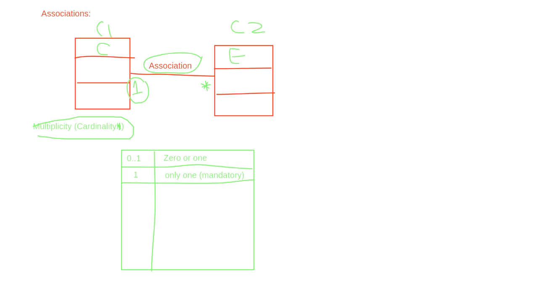And sometimes you will see this also, 0..star. Now in this case, what do you mean by this? 0 or 1 or 2 or 3 or so on up to infinity.